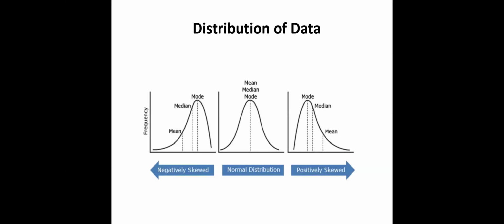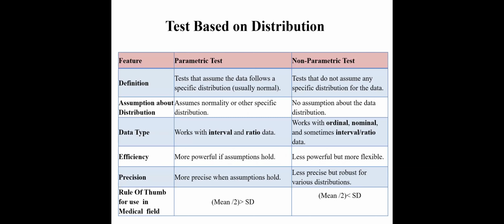If the distribution is not normal, then it can be negatively skewed, means there are more lower values and the mode is higher. And if the mean diverts to the right side with higher values, then it is called positively skewed. In the normal distribution, different tests are applied, and in negatively skewed and positively skewed, different tests are applied. So these are the main distribution differences between parametric and non-parametric.